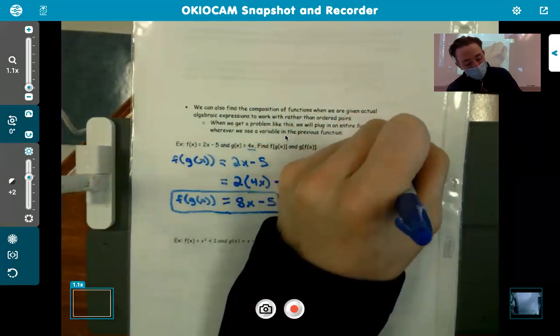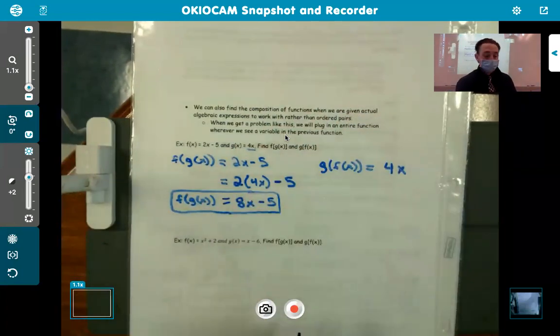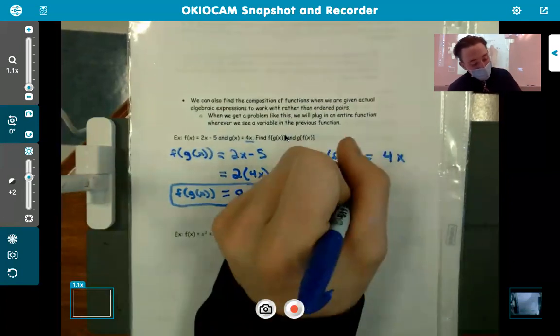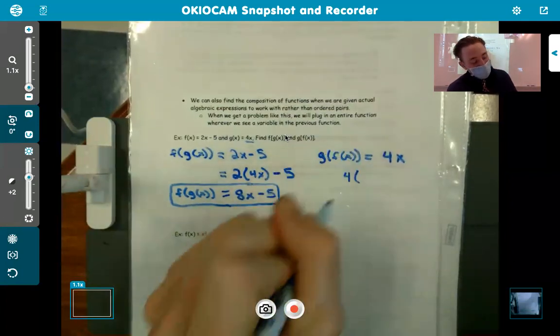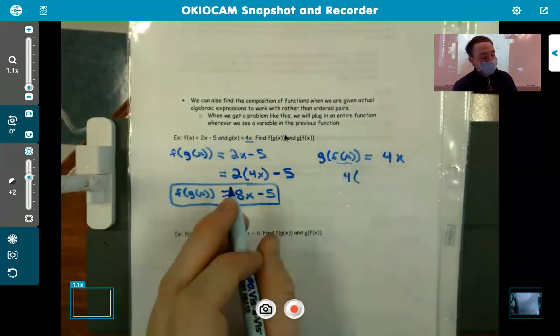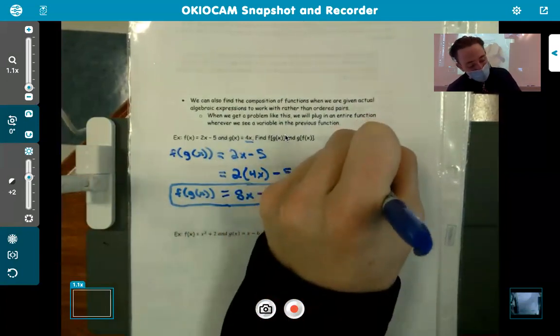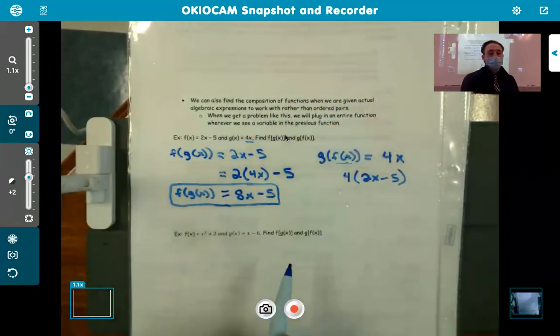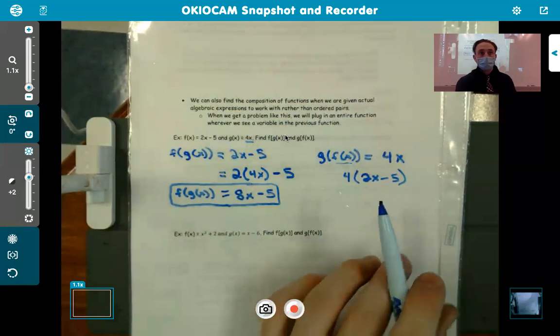G of x is 4x. So now wherever I see an x, I'm going to plug in the entire function f of x, because that's what's on the inside of my parentheses there. So I'm going to do 4 times, instead of x, 4 times 2x minus 5, the whole function.